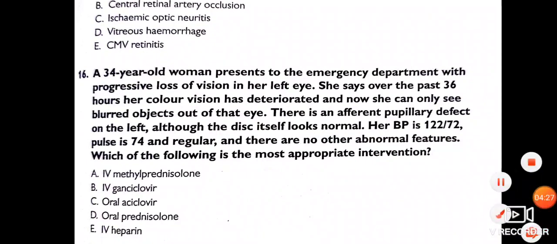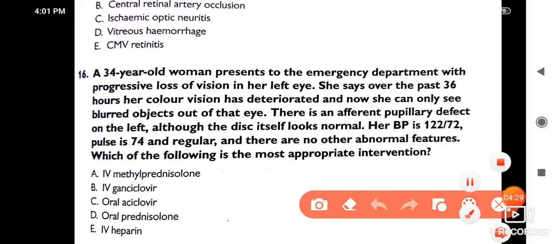A 34-year-old woman presents to the emergency department with progressive loss of vision in her left eye. She says that over the past 36 hours her color vision has deteriorated and now she can only see blurred objects out of that eye.